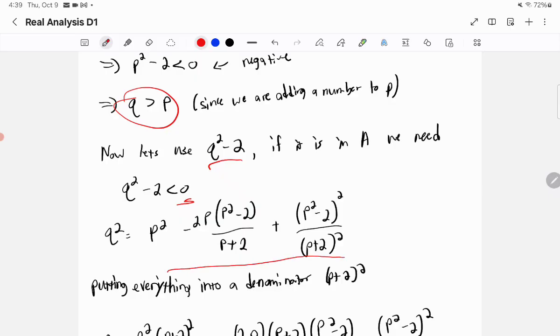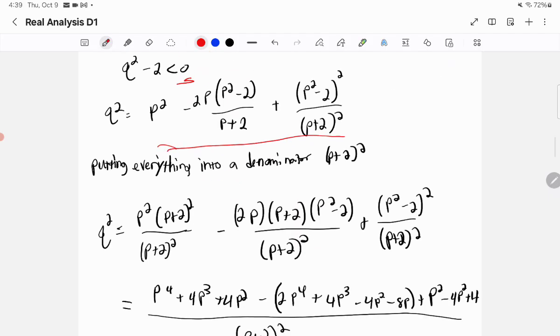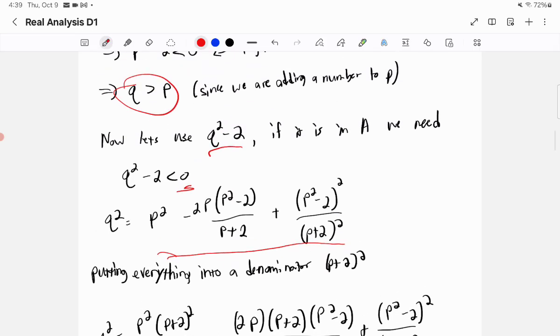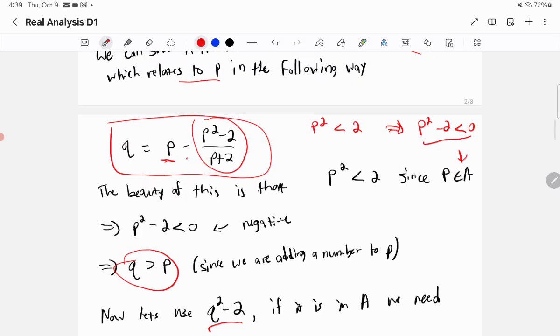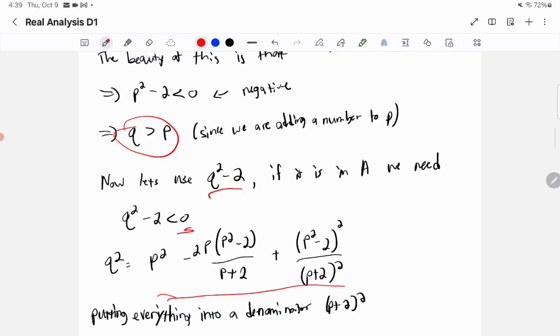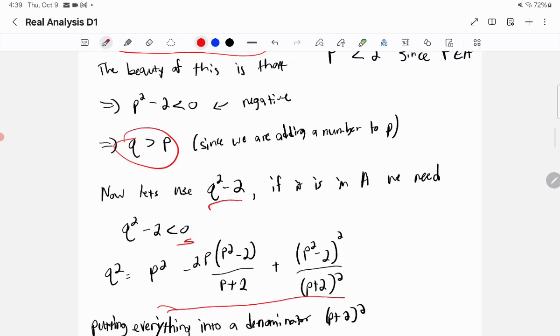The book doesn't do this, but I figured that it would be useful to actually work this out, and we'll be able to see that everything works out nicely. So if I square Q, right, I take this definition up here and I square Q, I get this. I get P squared minus 2 times P times (P squared minus 2) over (P plus 2), plus (P squared minus 2) squared over (P plus 2) squared.